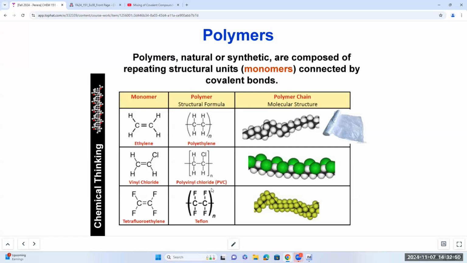Anything? All right. So this is how we use our knowledge of intermolecular forces to explain polymer properties. This is like a preview. The other one is tetrafluoroethylene, or Teflon. And where do you find Teflon? Does anybody have Teflon at home?